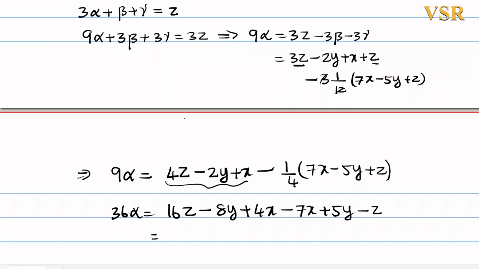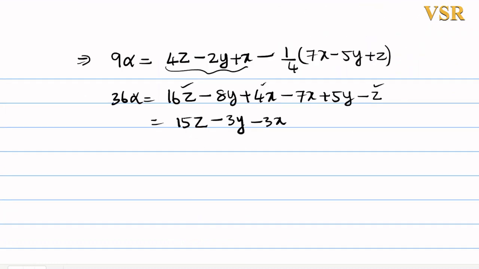So we'll have 15z. The x terms and y terms combine: minus 8 and plus 5 gives minus 3y, and here it will be minus 3x.